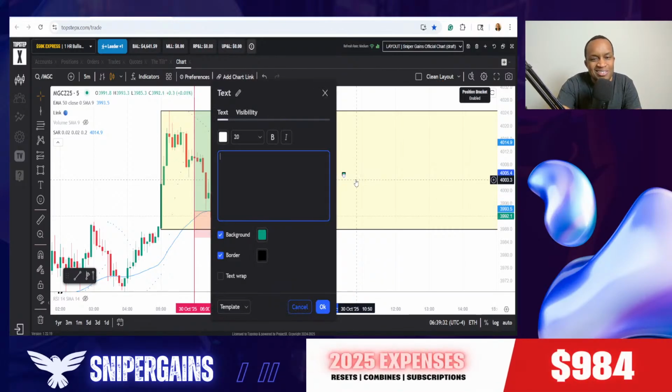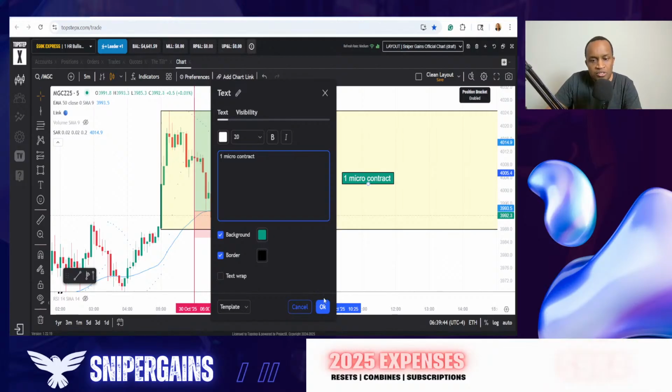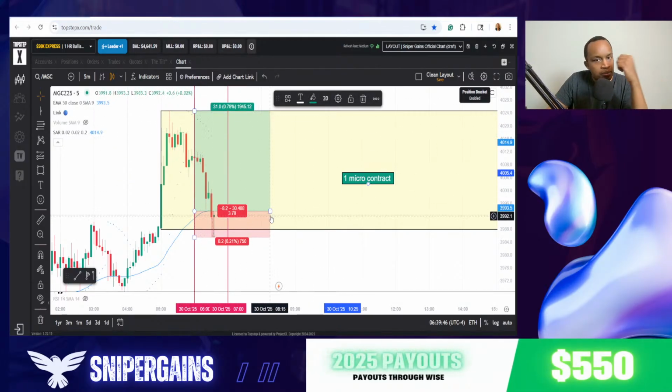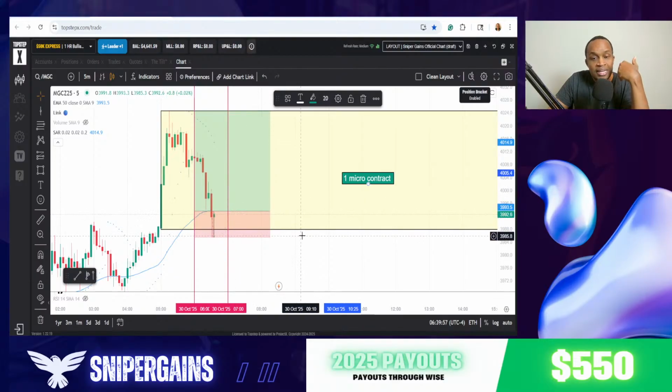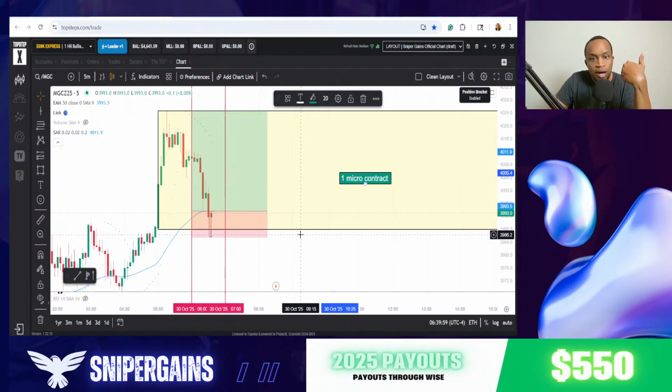Usually I would be undersized with this, but I don't want to be pushing past 150. So the safe play would probably be 1 micro contract, still target the top. And for that 1 micro contract, it would be $310. So $310 is still pretty good, but because this is gold, it can allow me to push up.